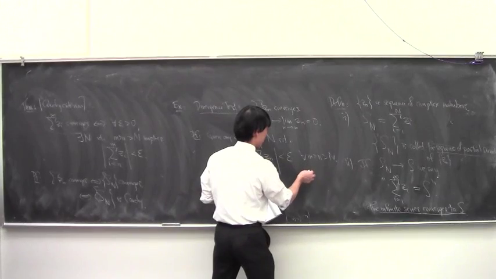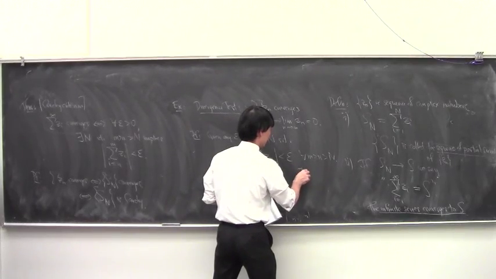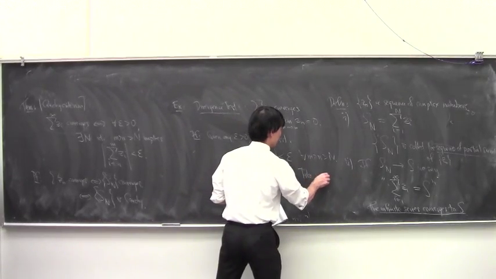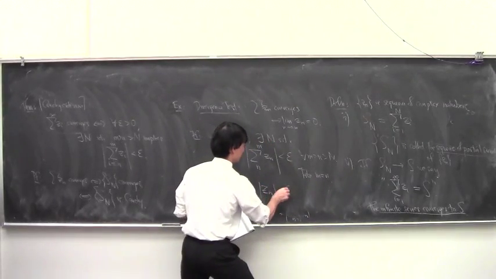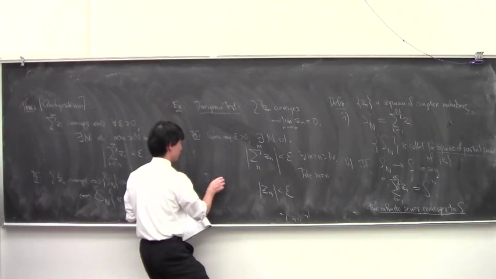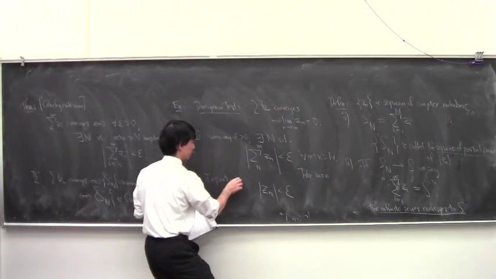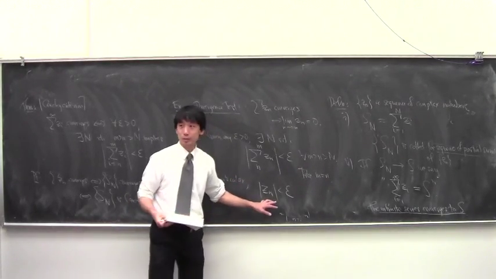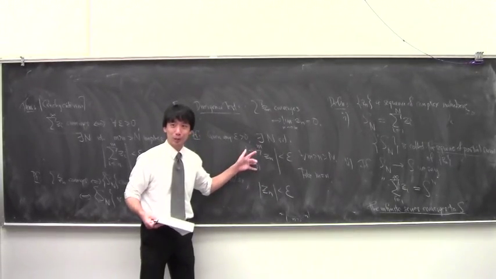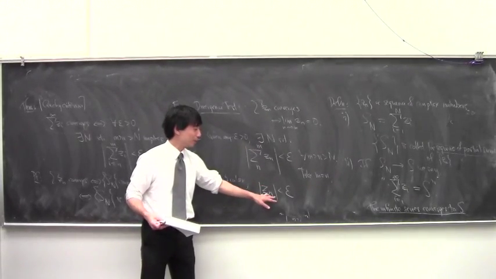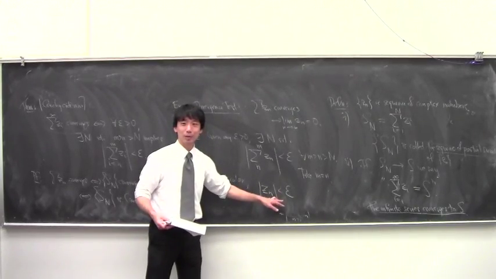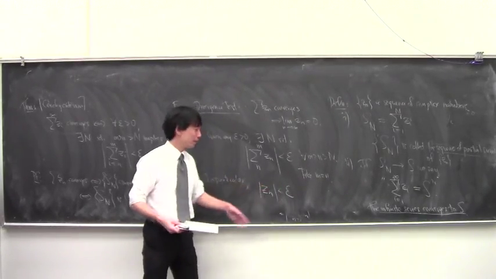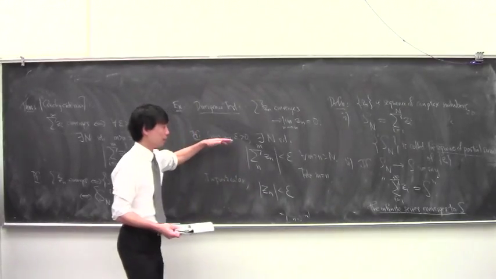Well, we could just take m to be equal to n, and that would say that z_n in particular, the partial tail consisting of one term, must be smaller than epsilon. And so what does that tell you?